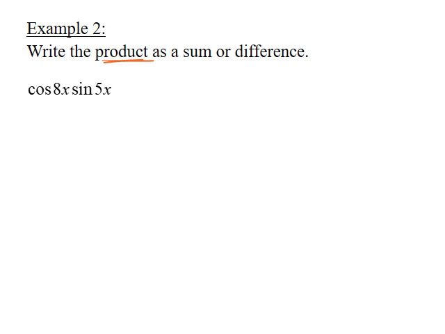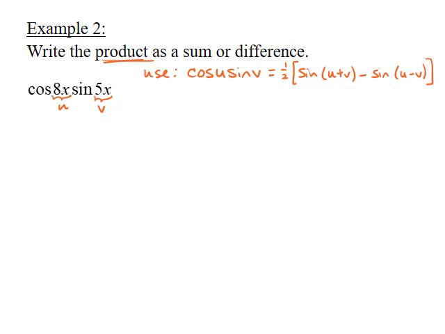So I'm going to let 8x be u and 5x is going to be v. So I want to use the formula cosine of u sine of v, and that formula is 1/2 sine of u plus v minus sine of u minus v.